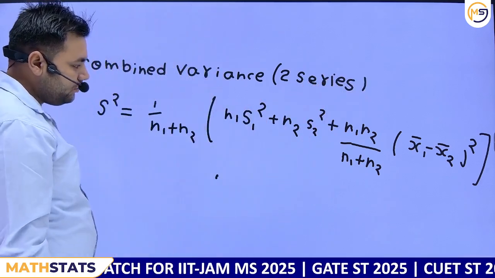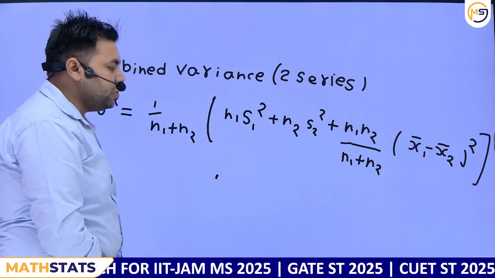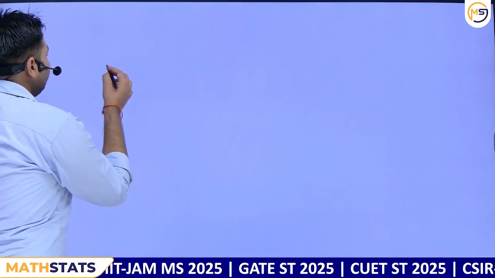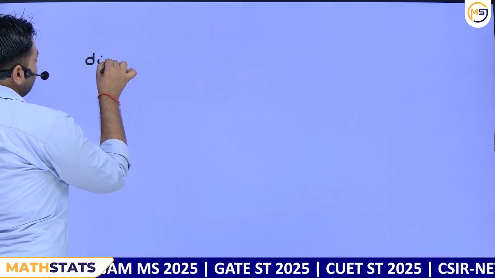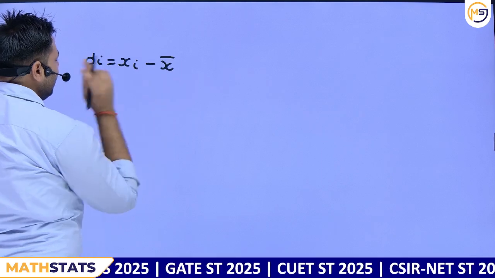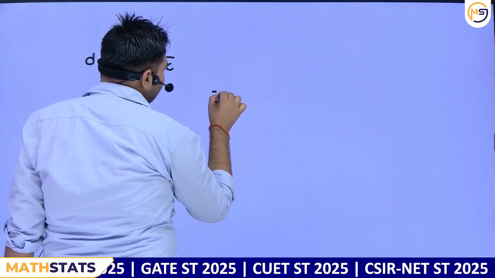Now this formula is also equivalent to another form. Suppose I define di equal to xi minus x bar, where x bar is the combined mean.